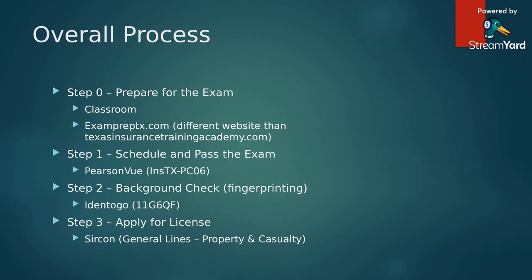Your general lines will be the first thing you select, and then it's going to be property and casualty. So that's the 3-step process in order to get your initial license with general lines, property and casualty.